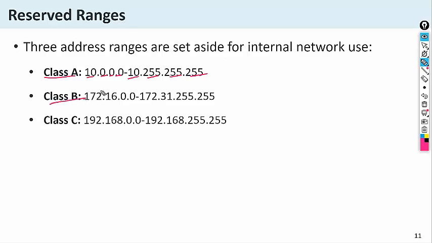In class B, the reserved IP addresses start from 172.16.0.0 and end at 172.31.255.255. And in class C, 192.168.0.0 is the start and 192.168.255.255 is the end.